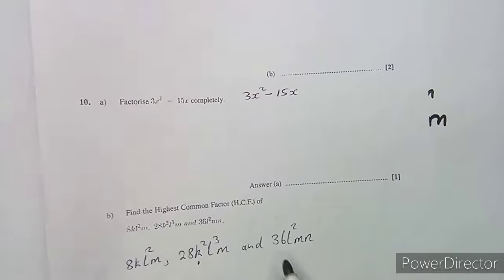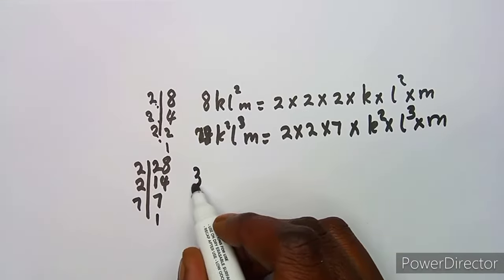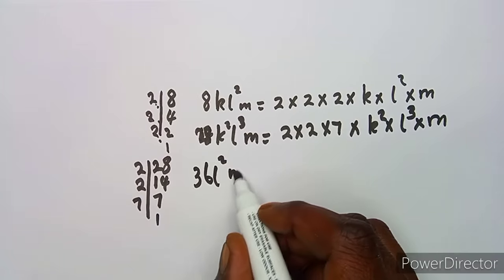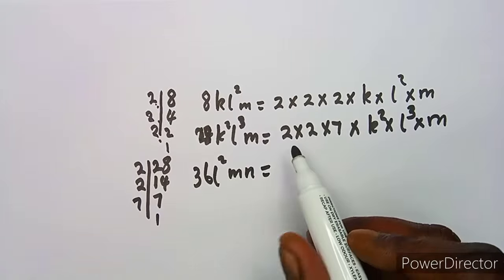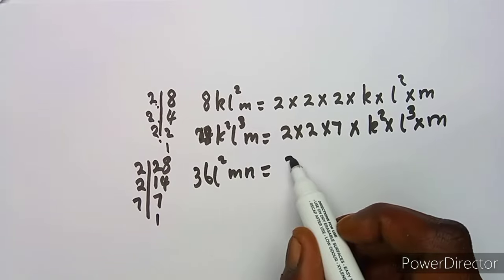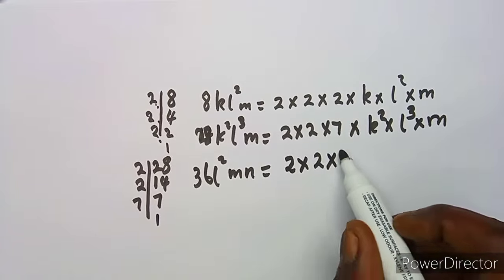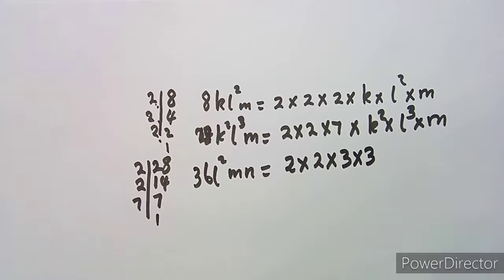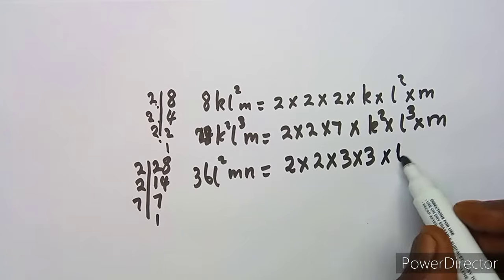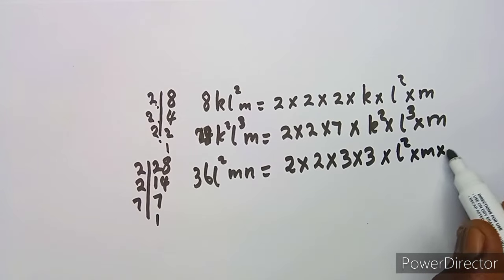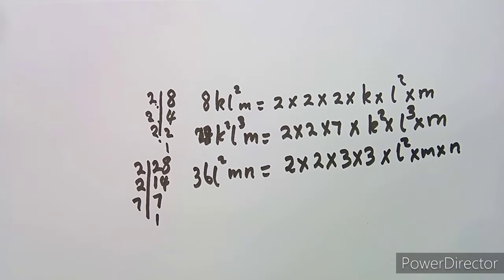So guys, just do the same. 36 L squared M N is going to give us 2 times 2 times 3 times 3. So this is what you're supposed to get. Make sure that you divide properly, guys, just like what we did on these ones. Then you've got L squared times M times N. All right, so that's what we have.